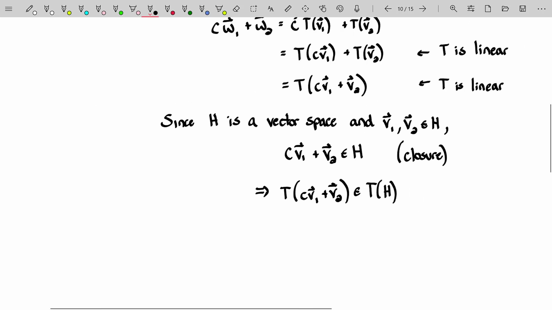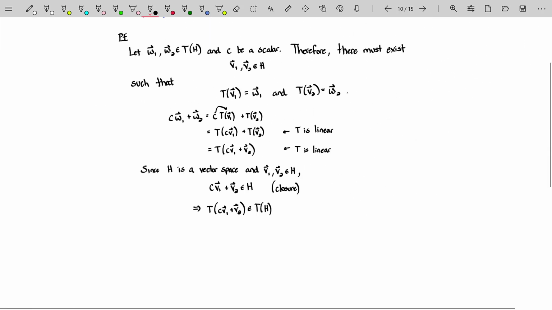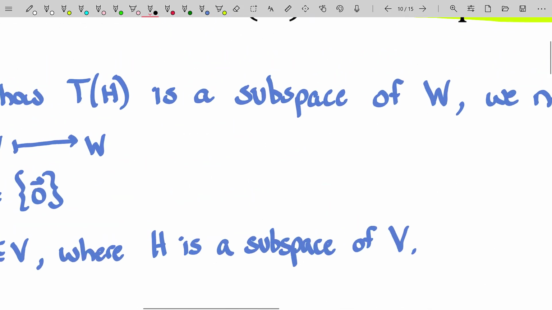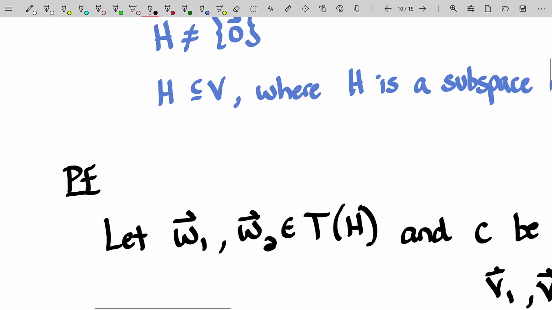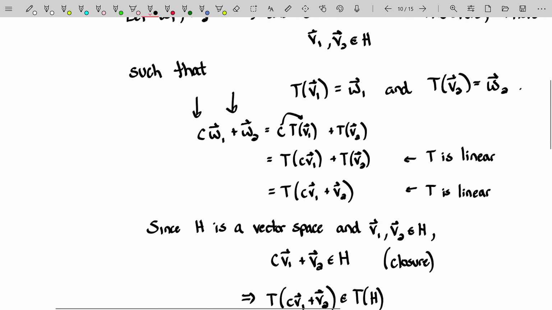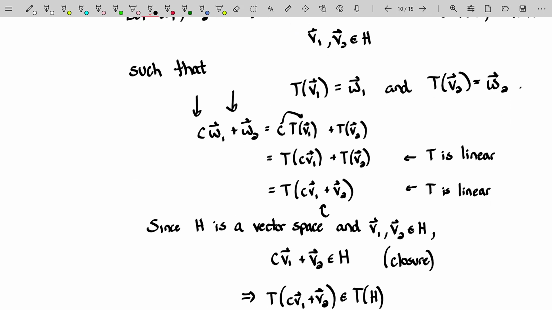Now again, just to showcase where we're driving this argument, we want to show that T of H is a subspace of W. We're trying to show closure under scalar multiplication and vector addition. So we took a couple vectors from T of H and we added them up with a scalar multiple. And we arrived at this statement right here, and we're trying to showcase that that statement is actually in T of H. But guess what we've just said?